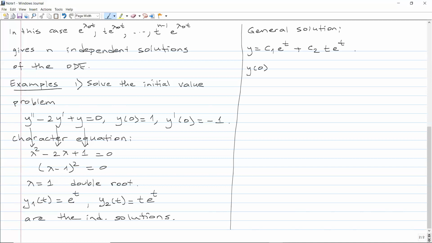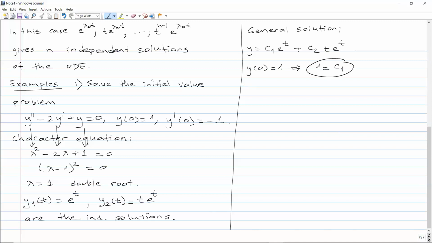First, y(0) equals 1 means in the general solution, we substitute 1 for y and 0 for t. So if you substitute 0 for t, e to the 0 is 1. And in the next term, t is 0, so the next term vanishes. So that means the first constant, C1, is 1.